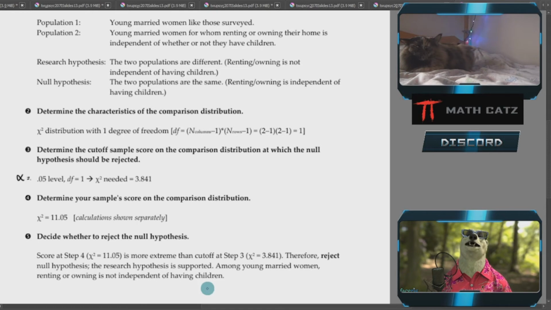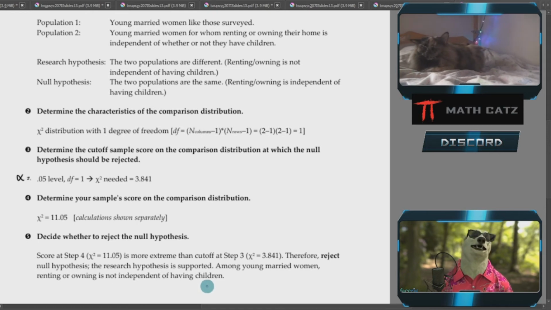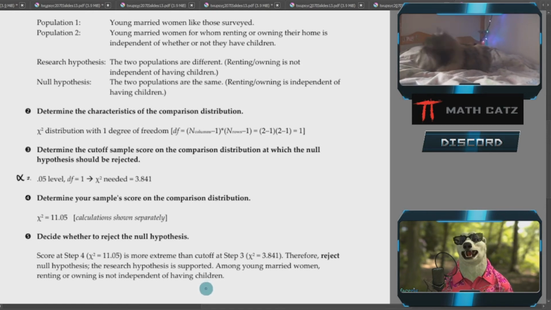So this comes in where we have a nominal variable with categories and not a quantitative variable where we can calculate a correlation coefficient. Other kinds of variables require other kinds of tests. So this is the chi-squared test for independence, but it's very similar.